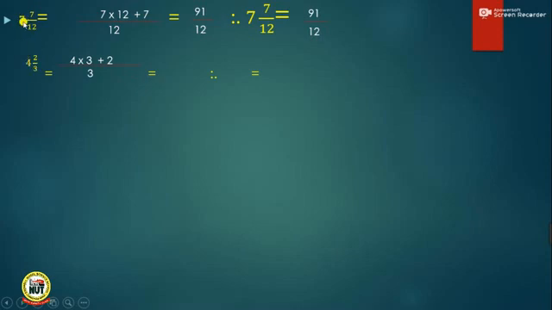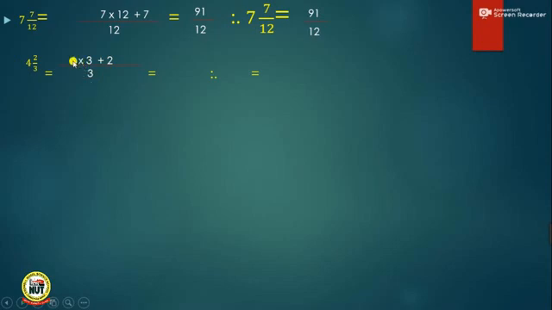Remember, just like in the first case, we picked the whole part and multiplied by the denominator, and that is 4 times 3. Pick the whole part, that is 4, multiply by the denominator, which is 3. Then plus the numerator, which is 2, everything all over the denominator.